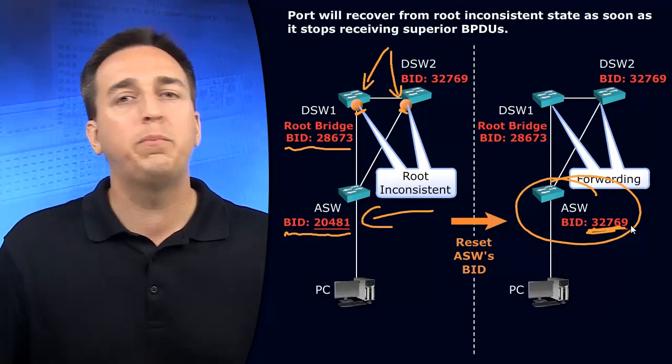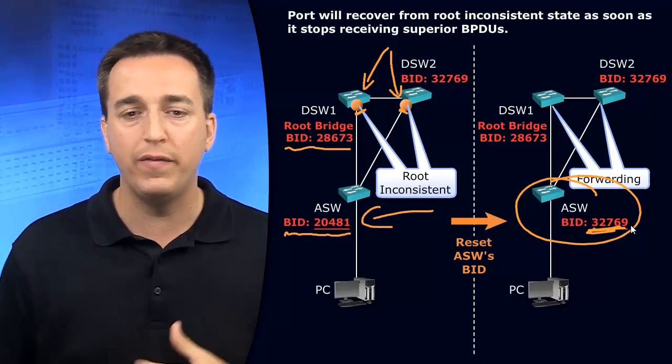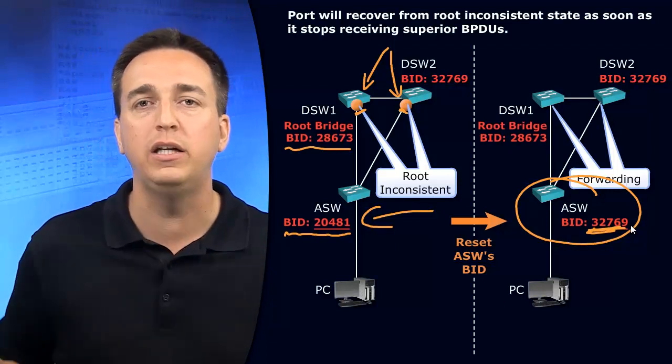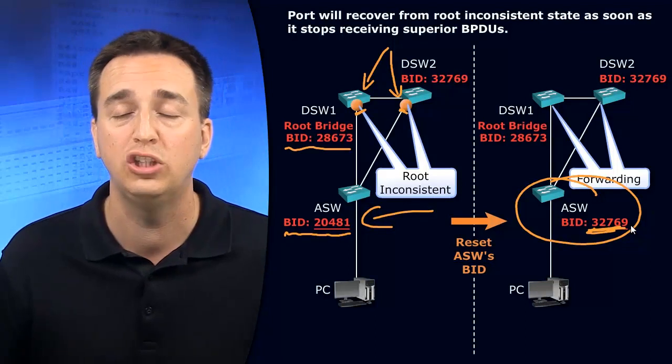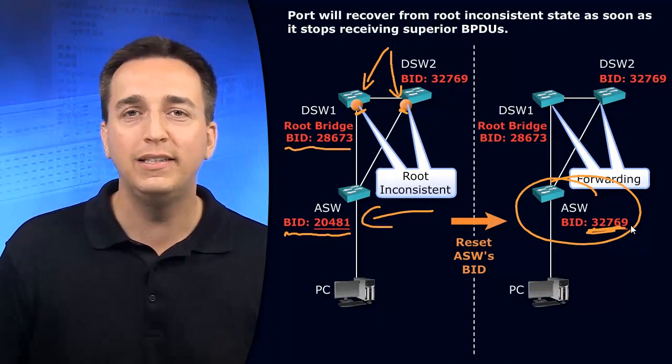But let's say there was a PC in operation by a malicious user, and they had software that sends out these BPDUs, and they're just doing it to mess up our topology. Well, in that case, we have to remove that software off that PC.